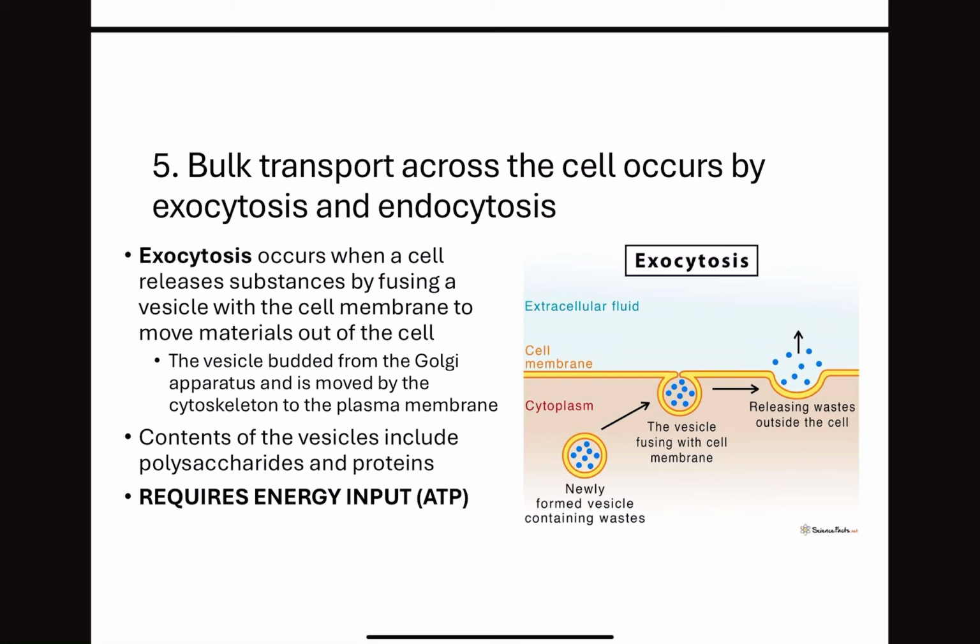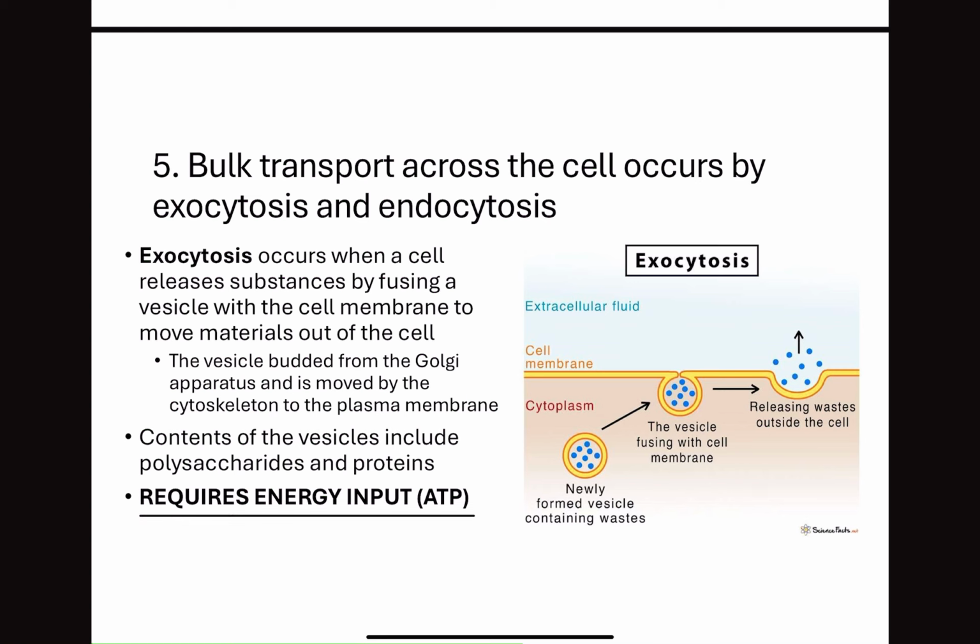We're also going to have particles and large molecules like polysaccharides or proteins that are going to cross our membrane in vesicles. And like active transport, these processes are going to require energy, which is also ATP.